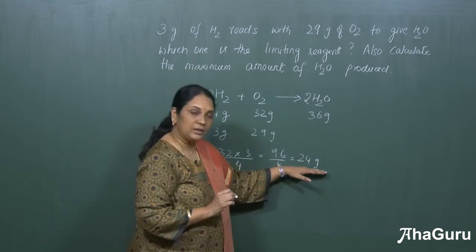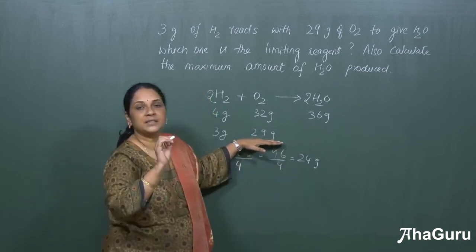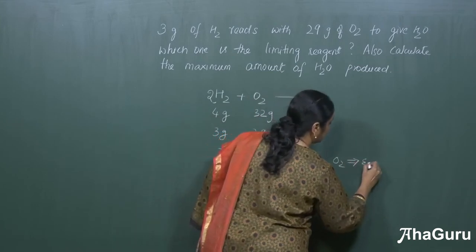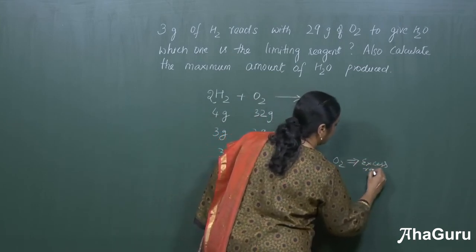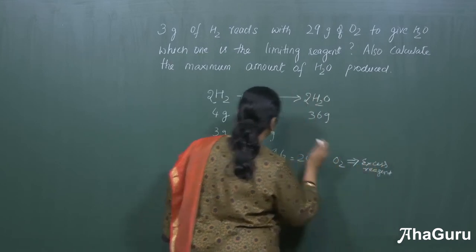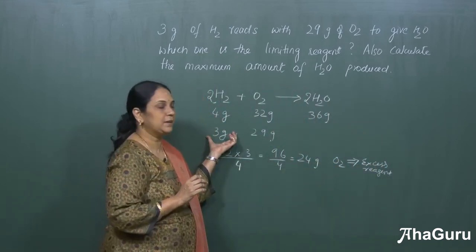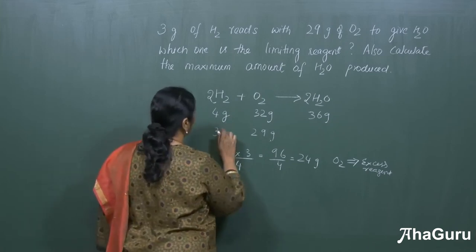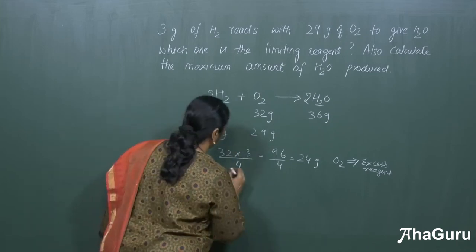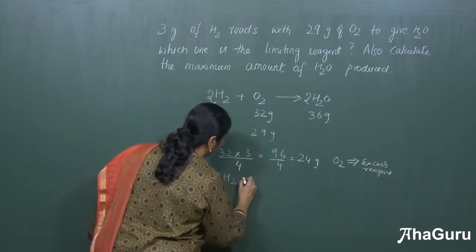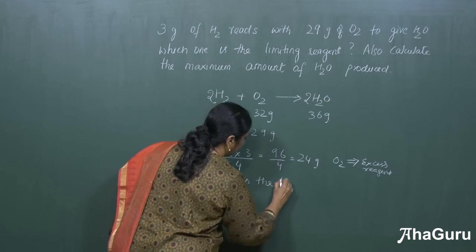So we need only 24. That means oxygen is in excess. So O2 is the excess reagent. Once we find this is the excess reagent, that means hydrogen would be the limiting reagent. So for the first part, which one is the limiting reagent? Hydrogen, H2, is the limiting reagent.